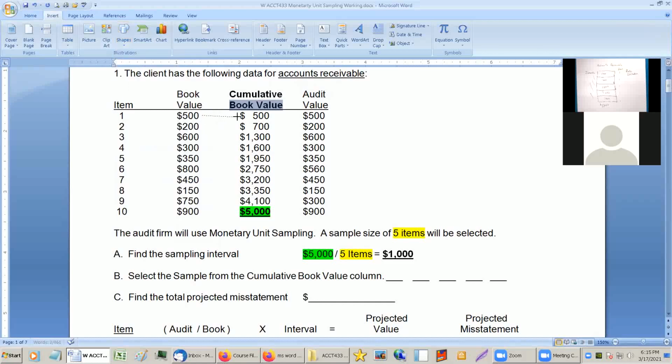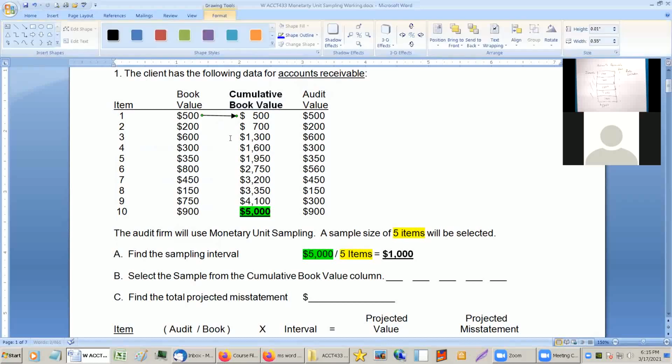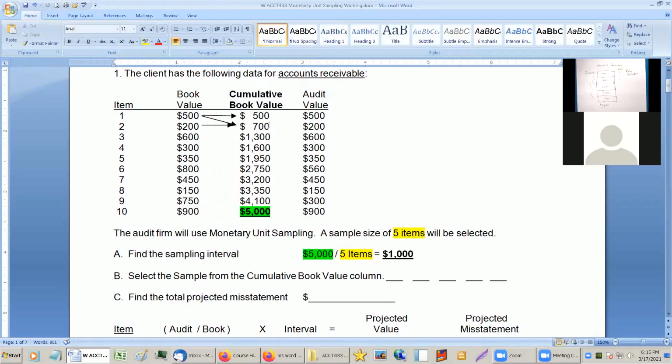So the first one's going to be the same. Second one's going to have both of them in, and you get the idea. It just keeps adding up. So 500 plus 200 is 700, 700 plus 600 is 1300.